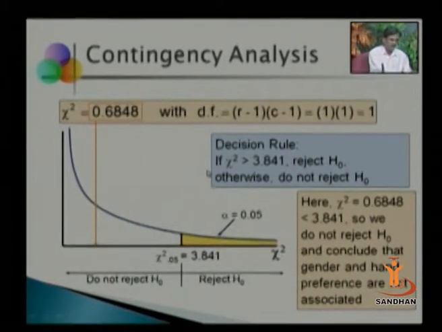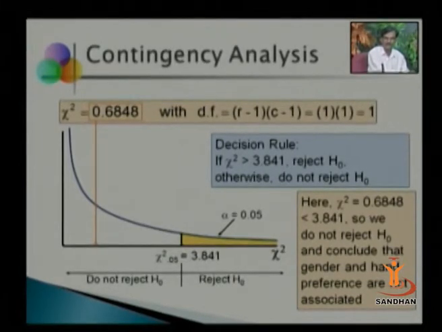So we find the chi-square value. Chi-square with 1 degree of freedom at 0.05 level of significance is 3.841. This shaded region has probability 0.05, which means it is the rejection region, and this is the acceptance region. This is our table value 3.841, and this is our calculated value from the data, 0.6848.